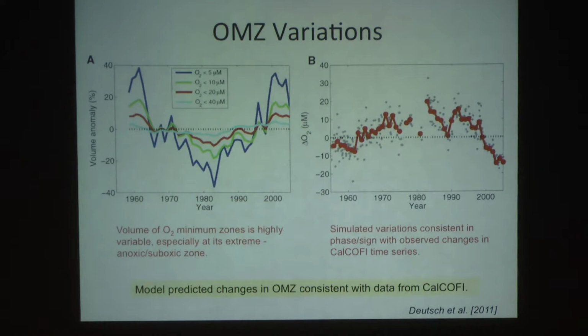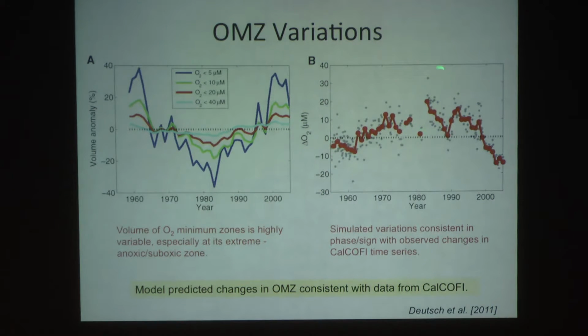Okay? Now, when we first did these simulations, all we had to compare to was actual concentrations of oxygen from the California fisheries studies that Francisco told us about, starting with the collapse of the sardine fishery here. And they show that oxygen went up and then it went down in a way that mimics this, except it's a mirror image, because this is the volume of low oxygen water and this is the oxygen concentration.